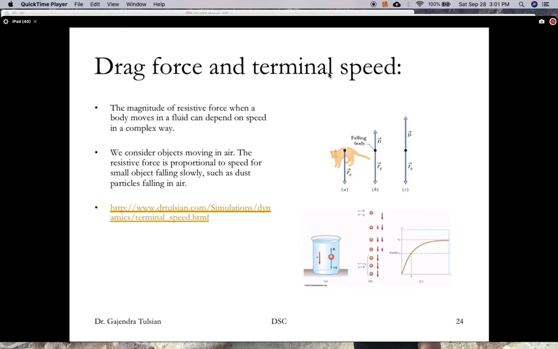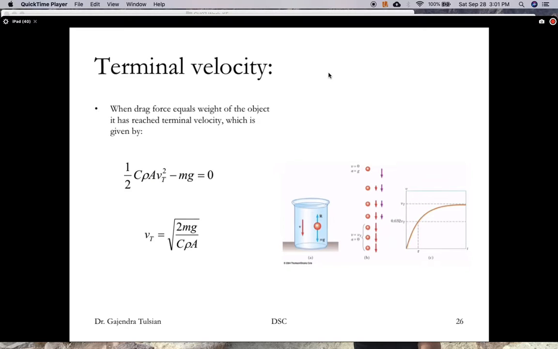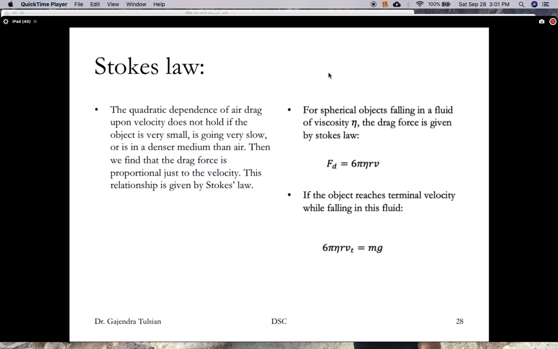Now there are two types of situations we want to consider. For large objects, the drag force is proportional to the speed squared, and this is true for large objects falling with high speeds in low density fluids. The second situation is when objects are moving slowly or in a denser medium than air.